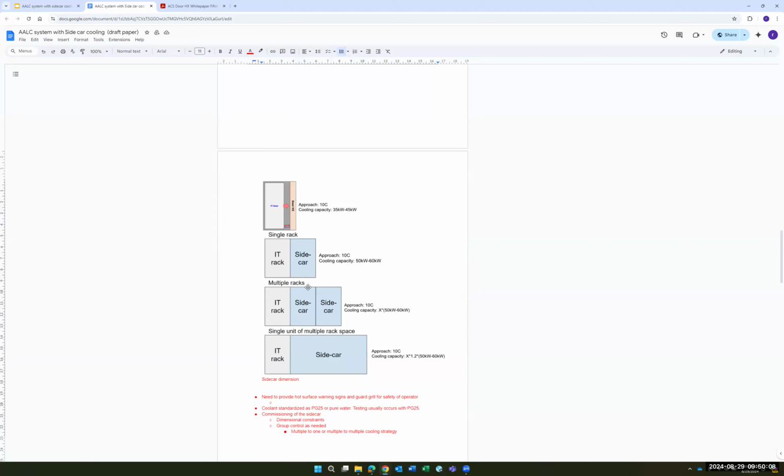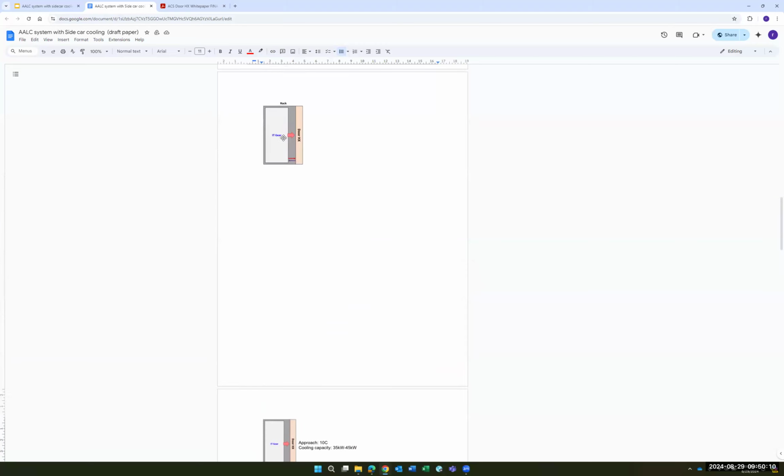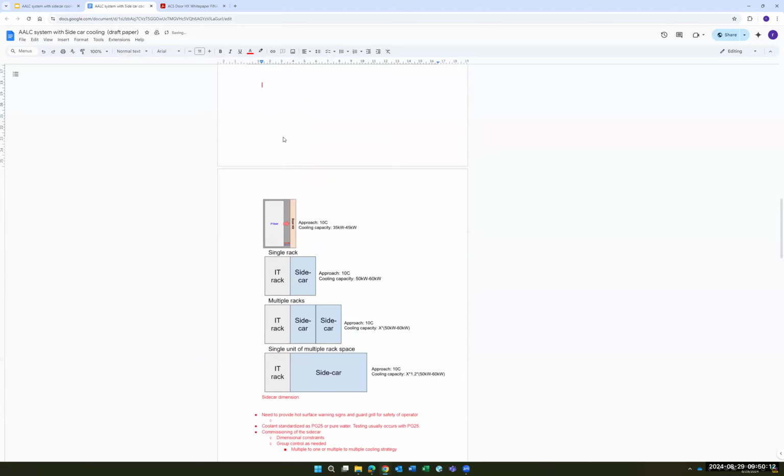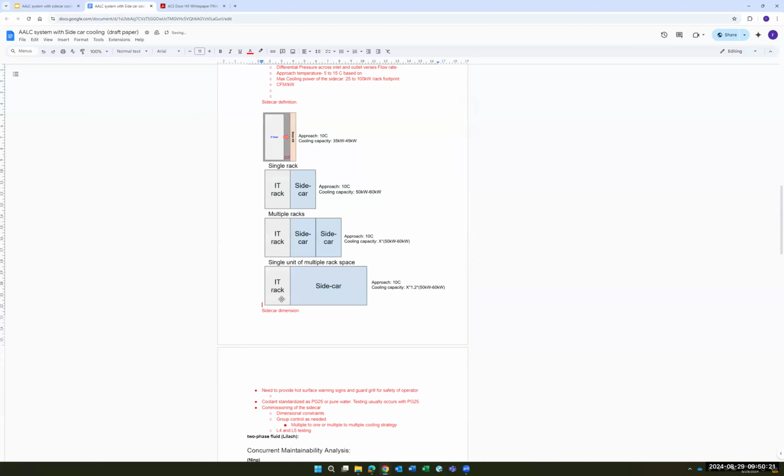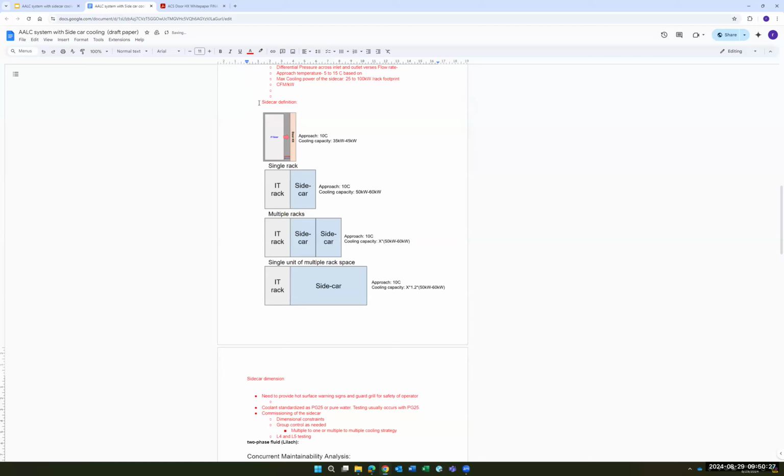But the other thing I want to say is about the sidecar dimensions, defining what could be fixed and what is not fixed.